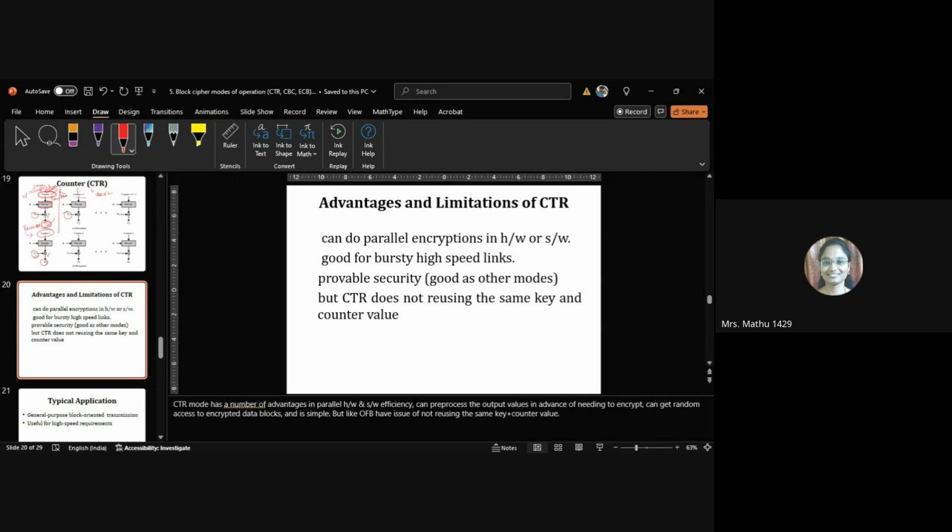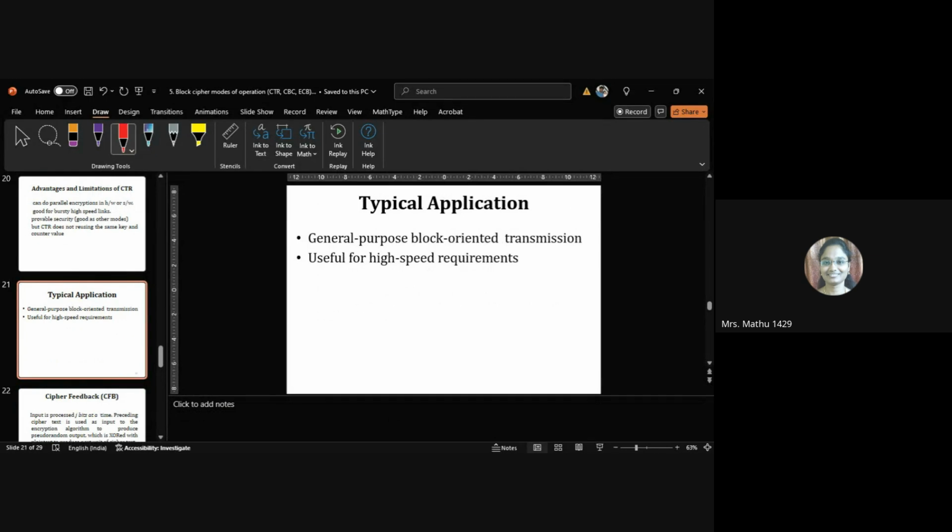So only for one communication can this counter be used. For sending the next message, you need to have another separate counter value. Okay, so that is important. This is also used for all block oriented transmission, and for high speed requirements, wherever it is necessary, we can use this.